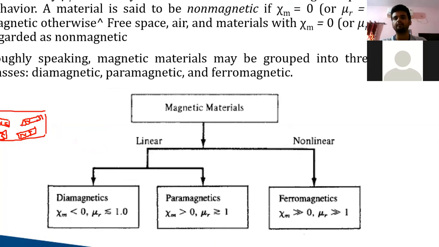For example, the core of the transformer is made up of ferromagnetic material. Ferromagnetic material is preferred for the core of the transformer. You know transformer, right? Transformer has some core, and that core carries the flux. If the susceptibility and permeability are high, the flux can easily flow through the core.